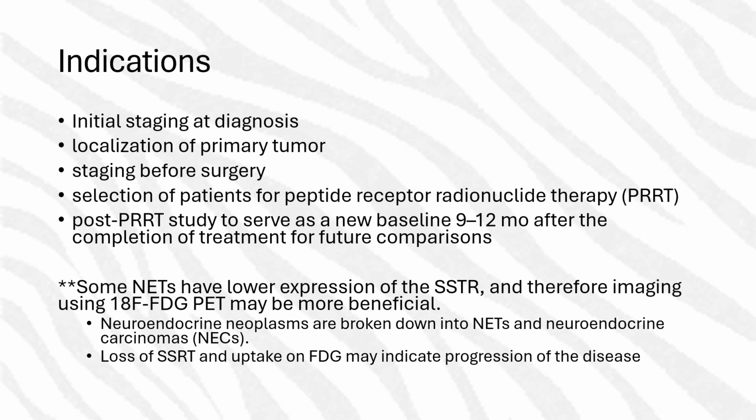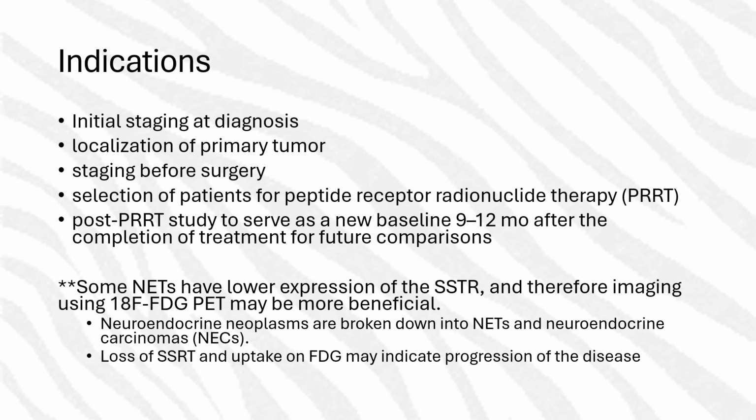And then post PRRT therapy, it's done to serve as a new baseline 9 to 12 months after the completion of treatment, so that future studies can be compared to that one as the new baseline. Some neuroendocrine tumors will have lower expression of somatostatin receptors, and therefore imaging with FDG would be more beneficial.